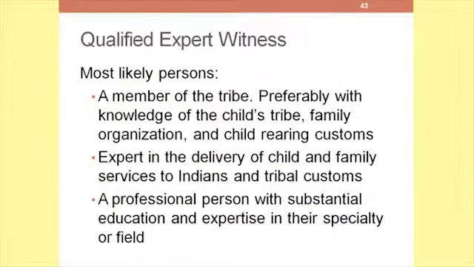I know cases where that argument has lost, and the court has found that you can start with number 3 and make an argument that a professional person with substantial education and expertise in their field, who may or may not have any knowledge of the child's tribe's family organization, is just as qualified as number 1. So again, biased.